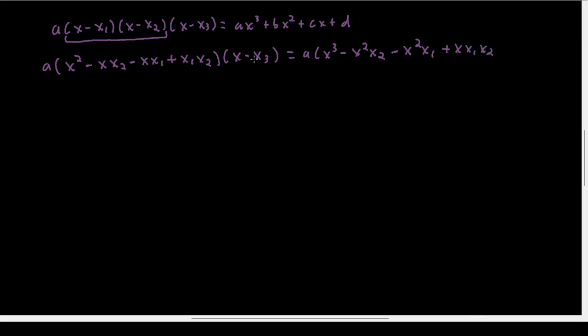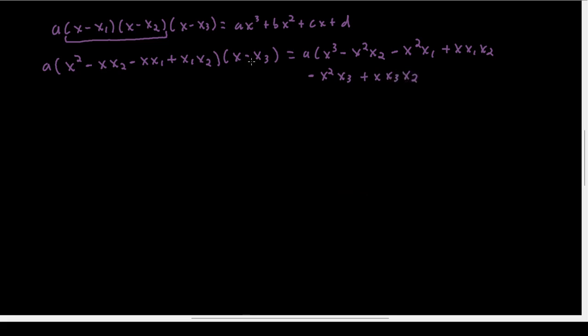And then we still have to do this second term right here. So negative x3 times x squared is going to be negative x squared x3. And then negative x3 times negative x2 is going to be positive x3 x2.